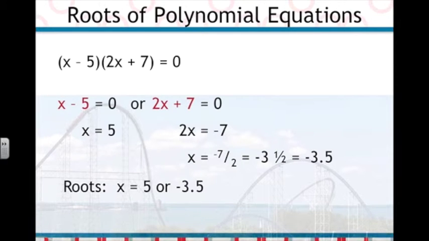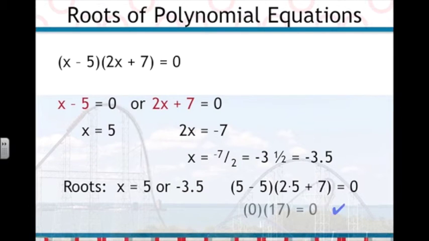As with other equations, you can always substitute your answers back into the original equation to check your work. Here, if we plug in 5, we get 5 minus 5 times the quantity 2 times 5 plus 7. And the question is, does that equal 0? We have 0 times 17, which does equal 0, so we know 5 is correct.